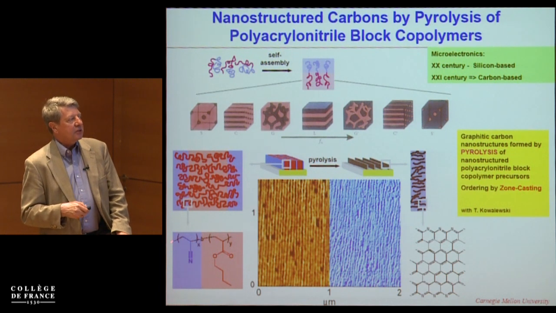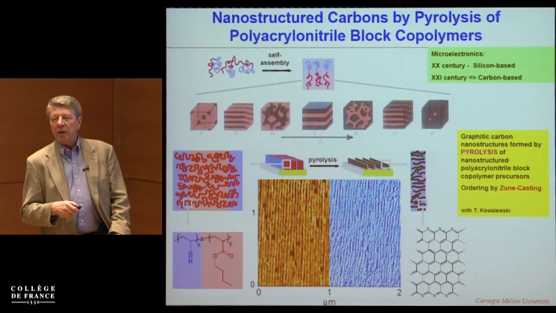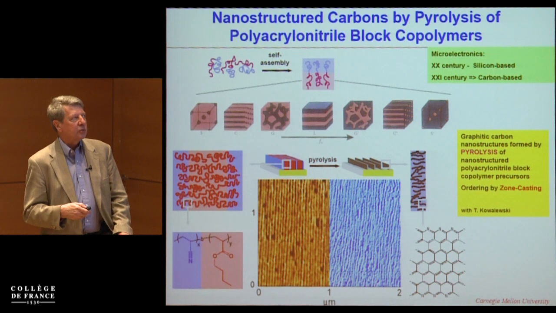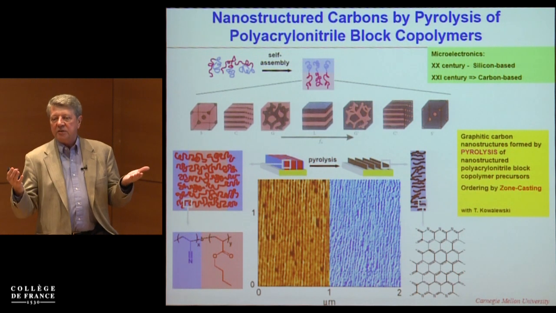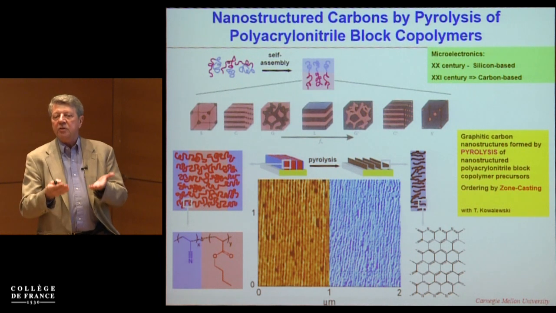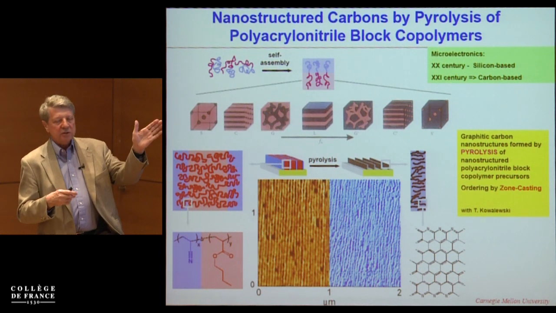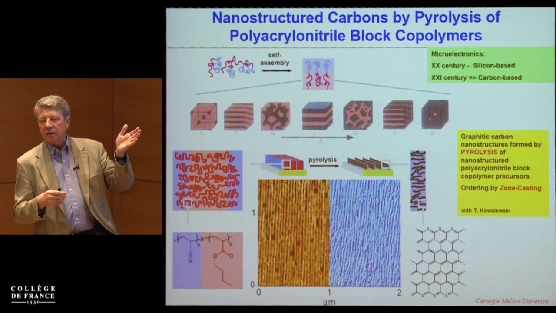So we phase separate them, and you can have classical spheres, cylinders, bicontinuous, lamellar structures, and inverted structures as well. Then you will have a two-phase system until you reach the order-disorder transition temperature. For this case, it would be maybe around 300 degrees.